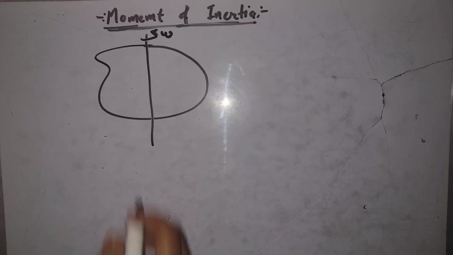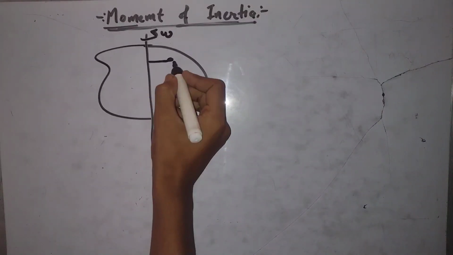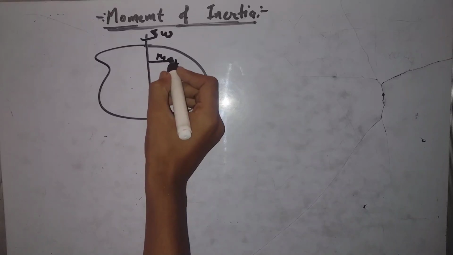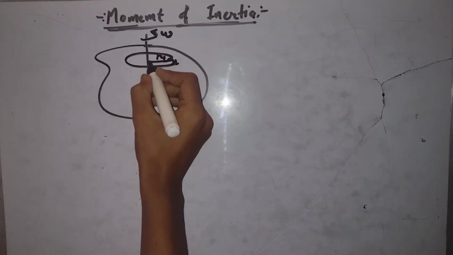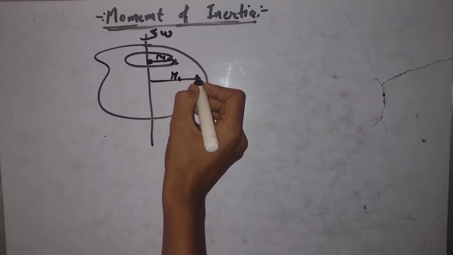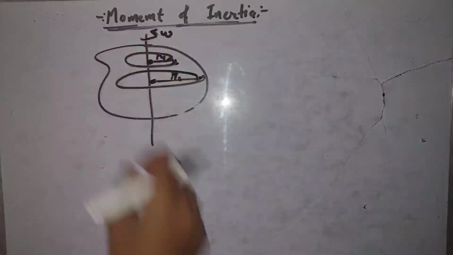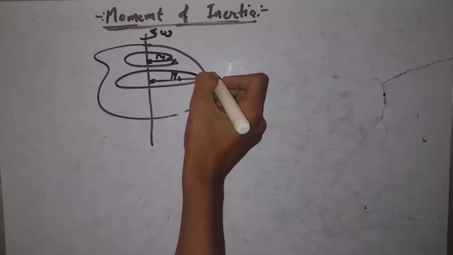So every point will be moving in a circle. This is, let's say, point 1, so it will be moving in a circle of radius r1, and the center of that circle would be on the axis. Every point will be moving in a circle, and because the body is moving with omega, every point will also be moving with omega.